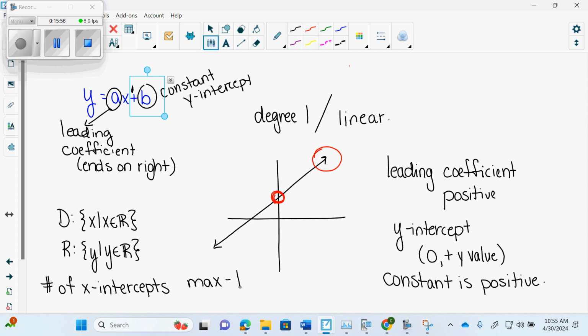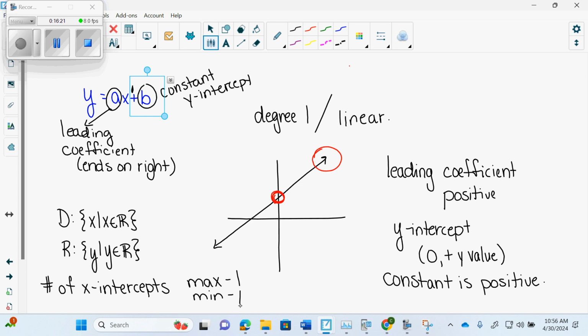When it is odd, it discos, so at minimum, it can have 1. Linears and cubics have at minimum 1. So at max it has 1 and at min it has 1, so it's always going to have 1. Do you agree? So that's linears.